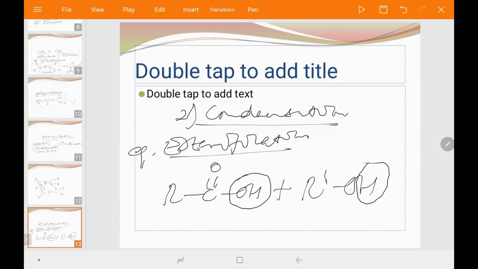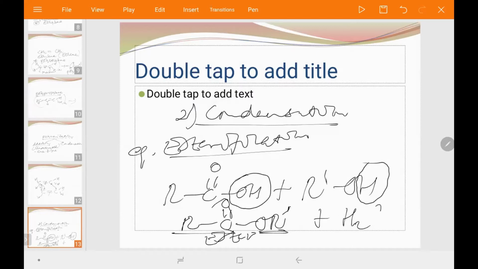Now, by using their active sites, RCO and OR prime will join each other. RCO from the acid and OR prime from alcohol. This is the alcohol part and this one is the acid part. And what is formed as the result of esterification? Ester is formed, plus OH and H together as byproduct, it gives what?